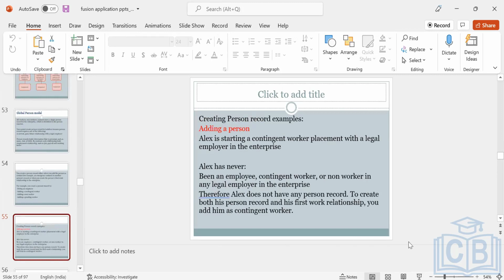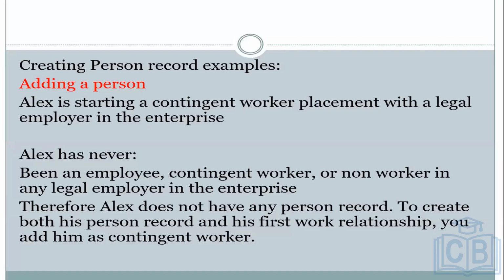Adding a person's record. Example: Alex is starting a contingent worker placement with a legal employer in the enterprise.